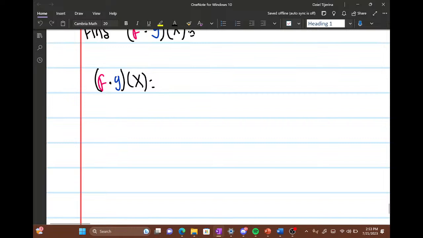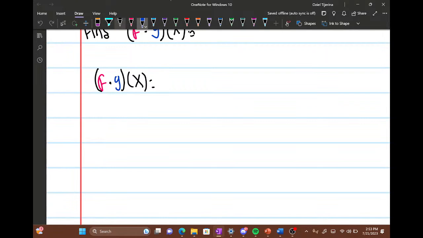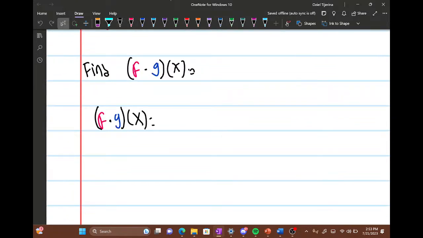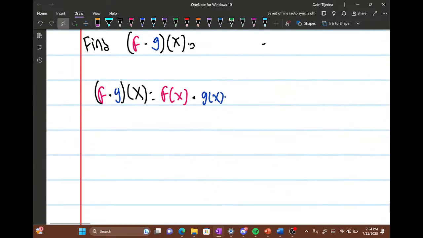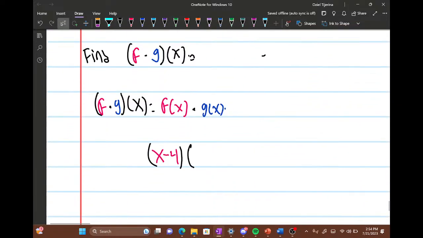Now we know that f times g of x, like I said, was f of x times g of x, right? So like this, and then from here we have x minus 4 times the quantity 2x squared minus 5x plus 6.